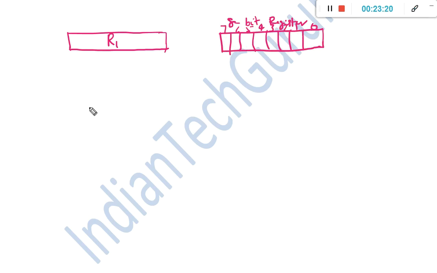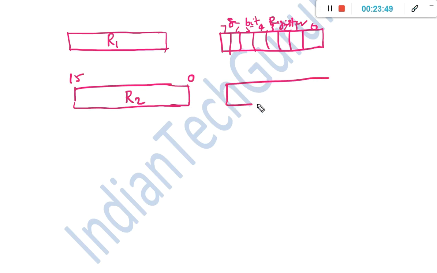Similarly, instead of showing the entire content, we may show the starting as well as the ending bits of the register, such as 0 to 15. 0 to 15 means this register R2 occupies 16 bits, it is a 16-bit register. For example, if you display register R3 as 0 to 31, what does it mean?